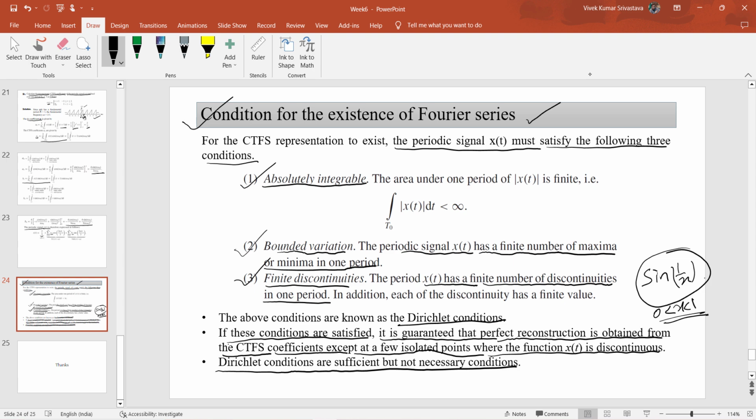So for certain signals these conditions will not work. That's why we say this is a sufficient condition and not a necessary condition. For perfect reconstruction of the signal from its Fourier series, it is necessary that these three conditions are satisfied.